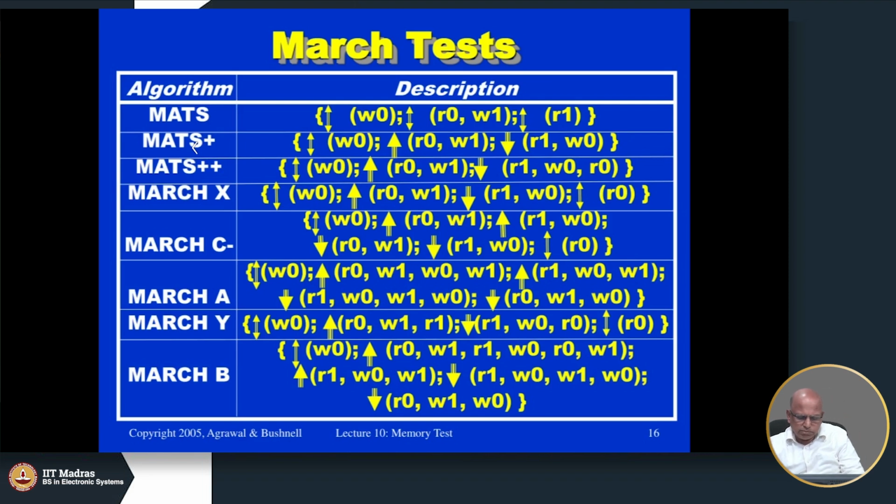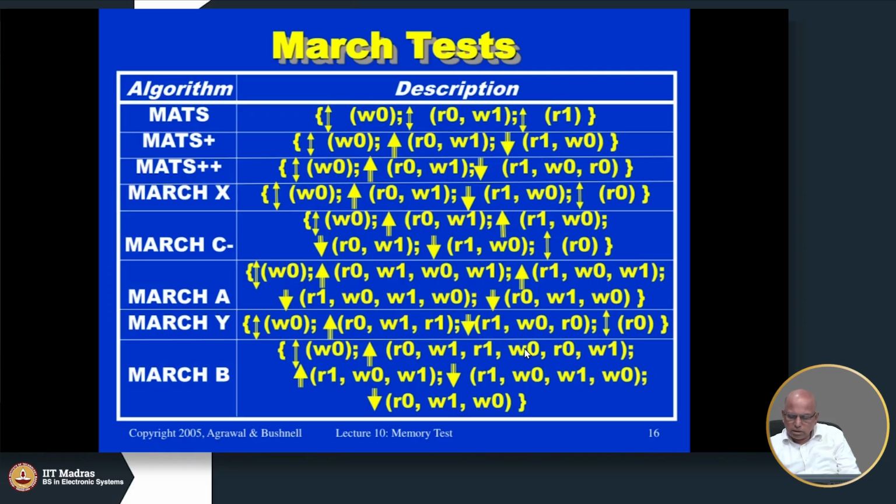Look at this March B. Initially you write zeros in some order, but then when you go to this second step, you have to go from 0 to n minus 1. There you read 0 and then write 1. Then again read back.